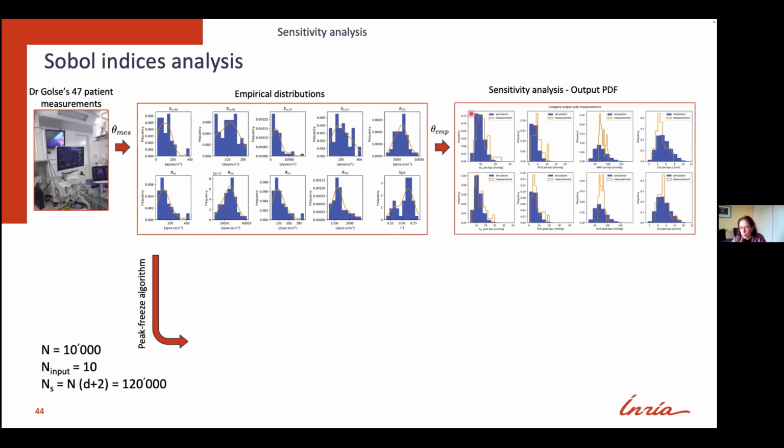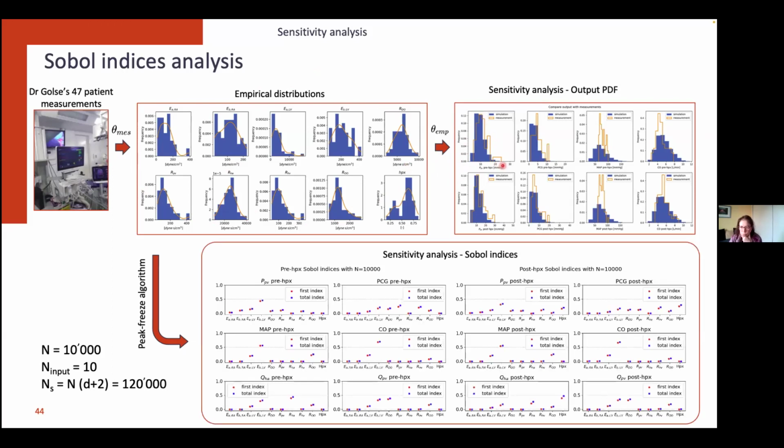So we could provide, through the model, the distribution of each output of the model. For example, the distribution of the pressure at the entrance of the liver before the surgery, when we vary all these input parameters, and we compare them to measurements in orange.